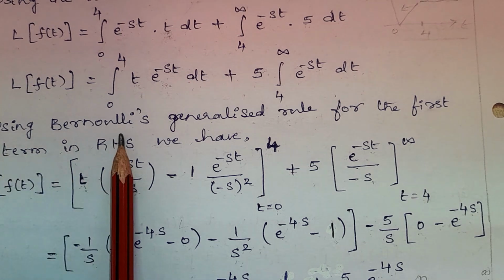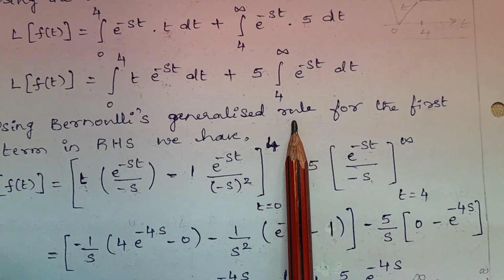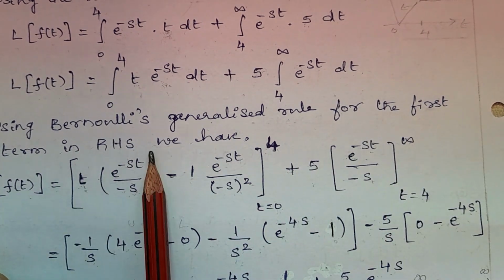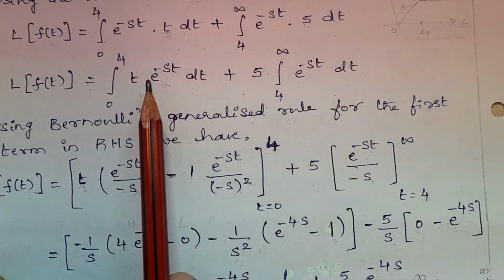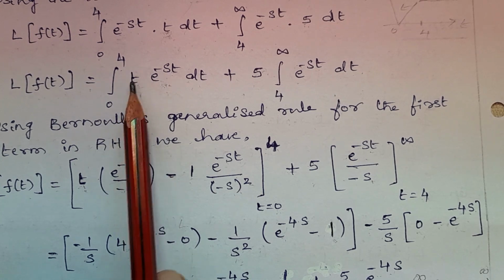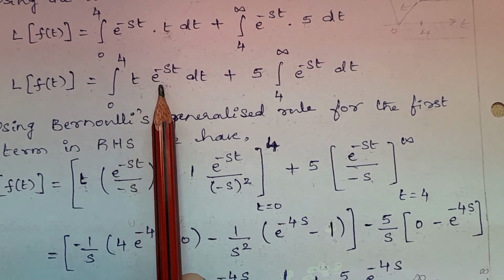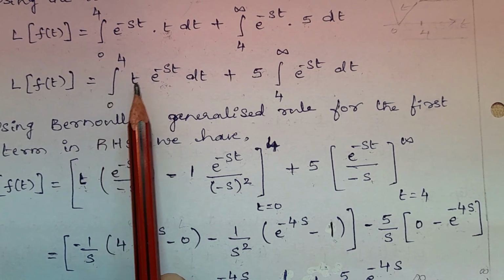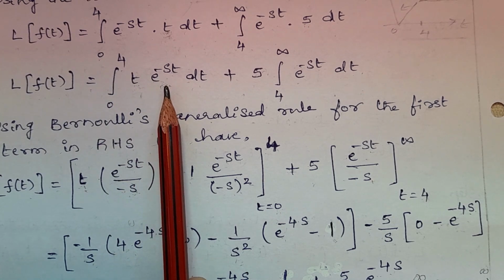Next, using Bernoulli's generalized rule for the first term in RHS. This is RHS, this one is the first term. So in this first term, we have to apply Bernoulli's generalized rule of integration by parts.